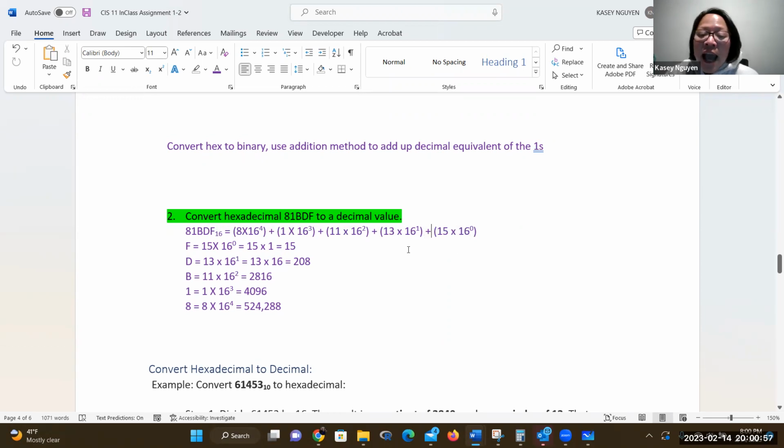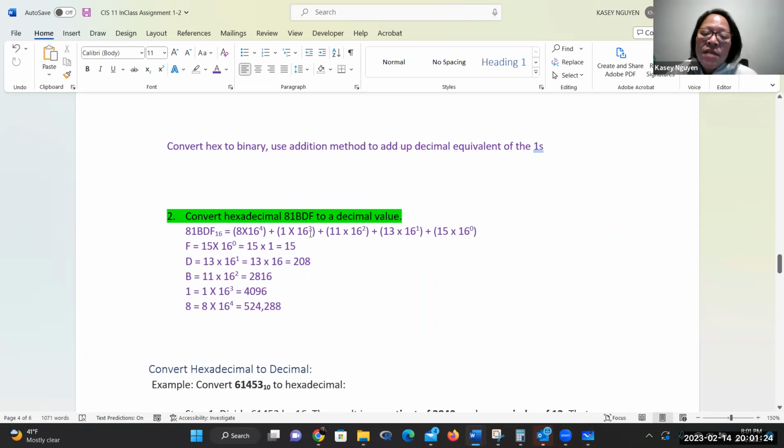Then you are going to add it with the next value, which is D. And D is equal to 13 in decimal. So you would take 13 times 16 raised to the power 1, because it is not the least significant. It's the next digit, so we raise it by 1 power. Then we move left again.